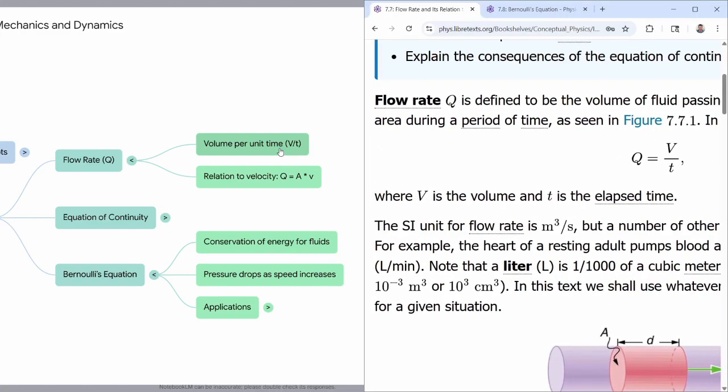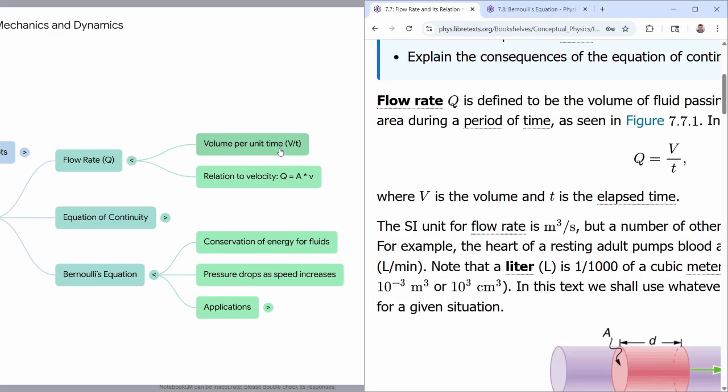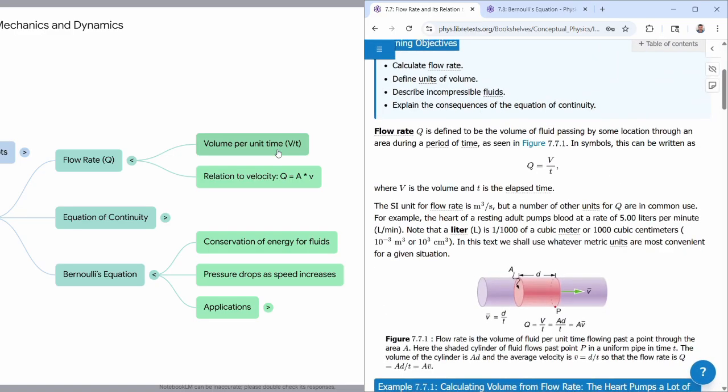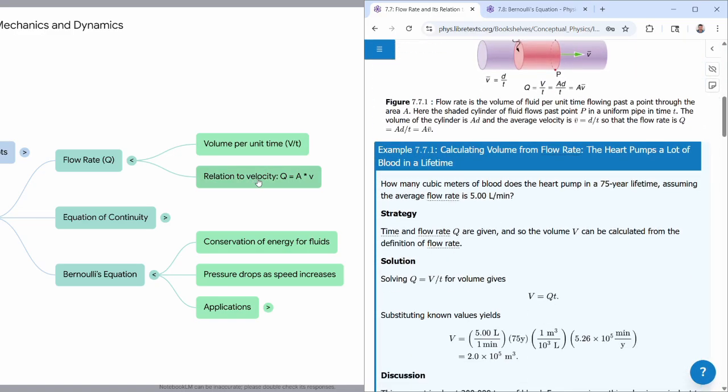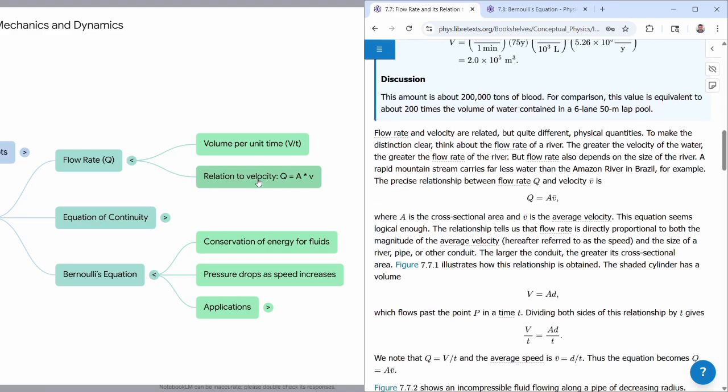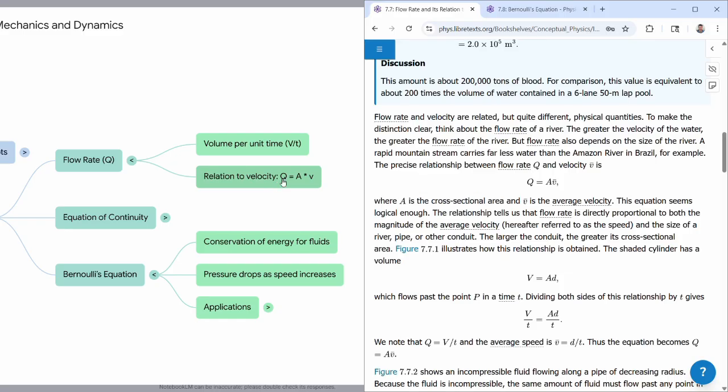And as something is flowing, you can also talk about how fast, what's the speed, like a fluid velocity, just like a velocity of any object. You can take a fluid element and think about how quickly that element is moving. And that velocity, this is lowercase v, is related to the flow rate, Q, by this formula.